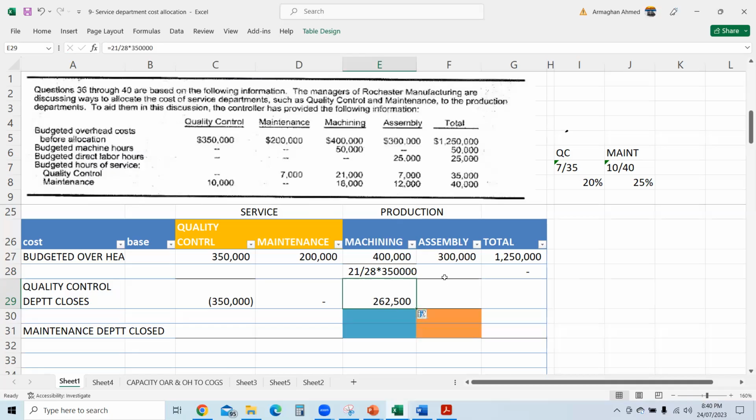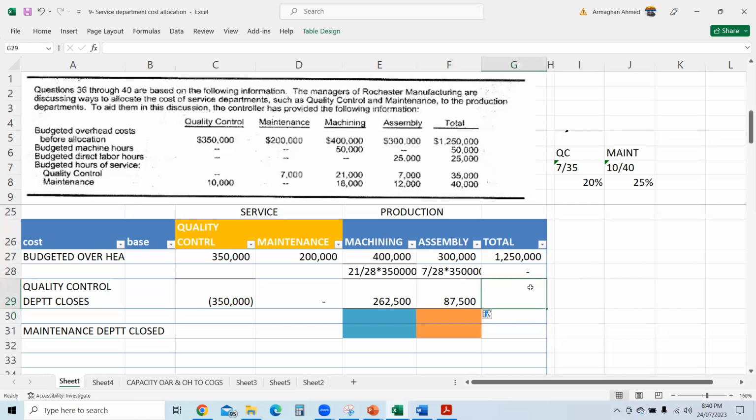How can I calculate for assembly now? 7 divided by 28 into 350,000 is 87,500.